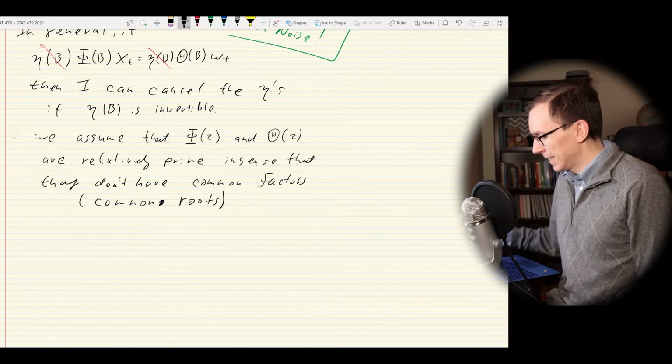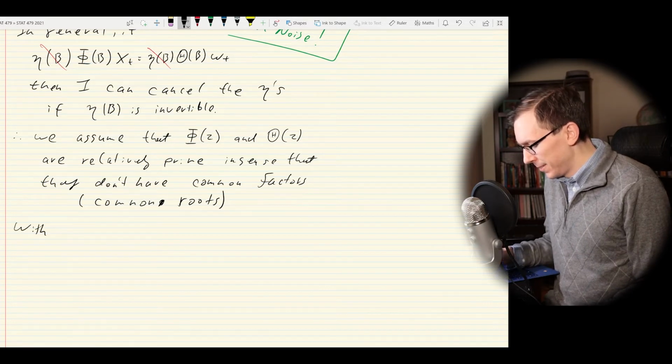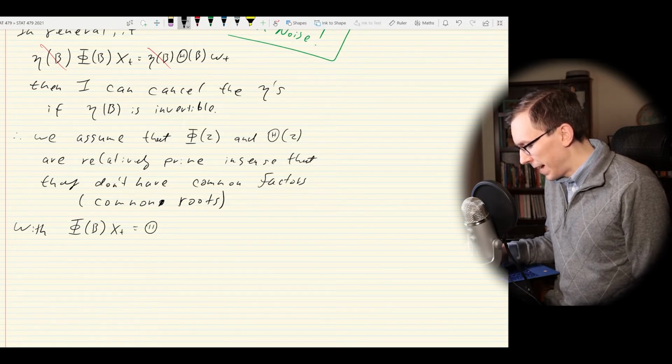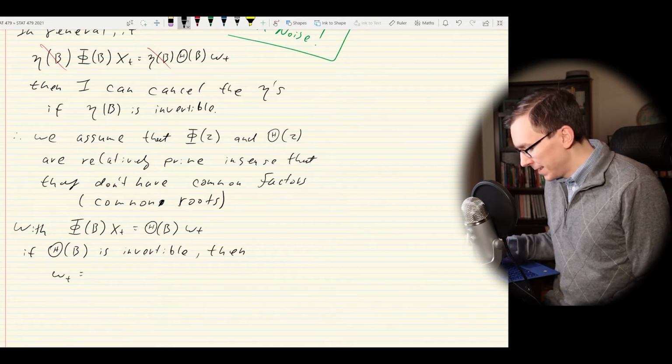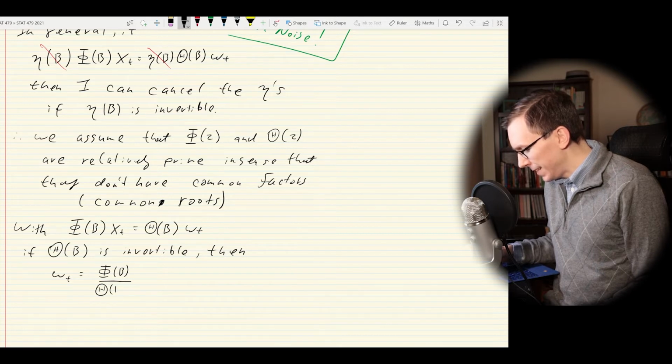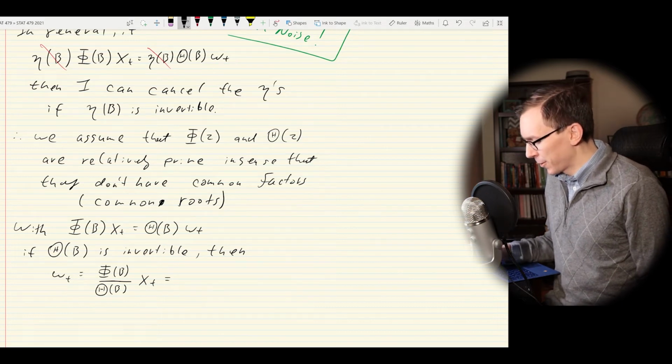So now, with the form here, that phi of B applied to x_t is equal to theta of B applied to w_t, we say that if theta of B is invertible, then what we can do is write w_t as phi of B divided by theta of B, all applied to x_t, which is going to be the invertible way to write this process.